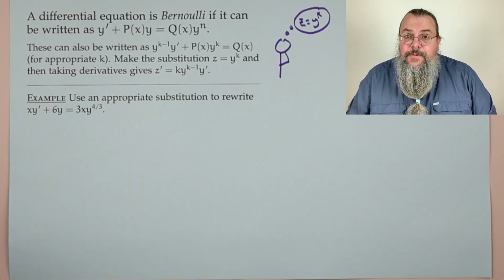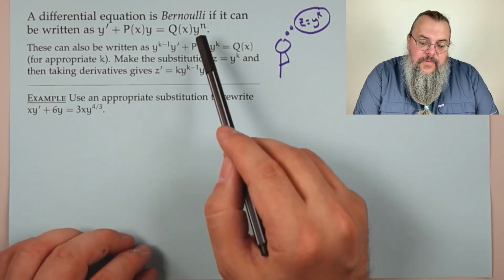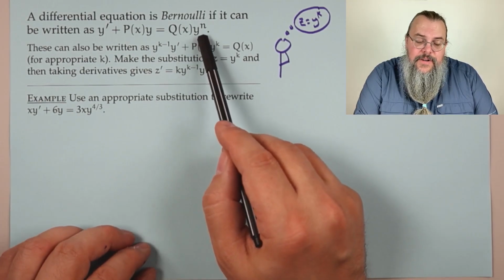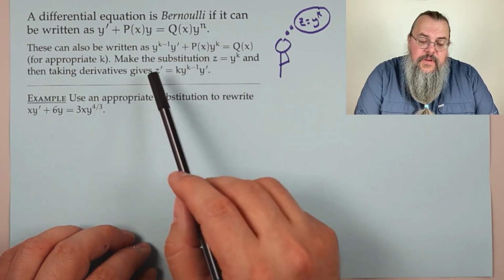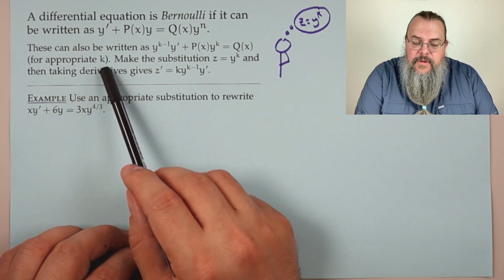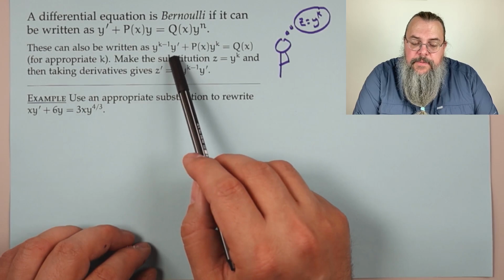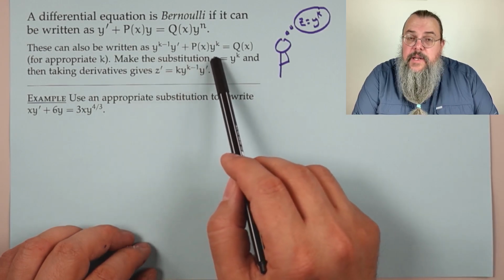All right, so how does it work? Here's what I like to do. I like to divide through by this power here. And when you do it, you can write it, though you have to change the numbering a little bit, so I'm calling it k instead of n. So you have y to the k minus 1 times y prime, plus p of x times y to the k.